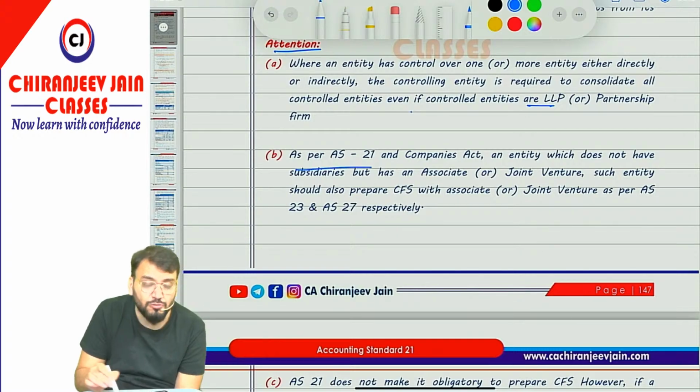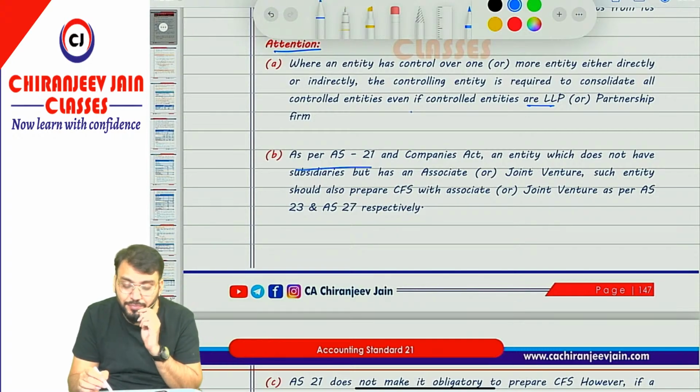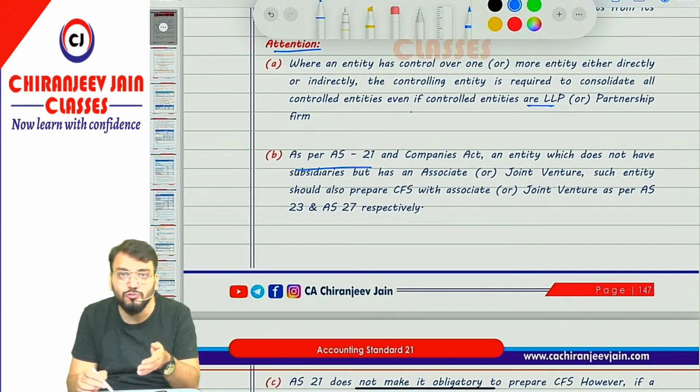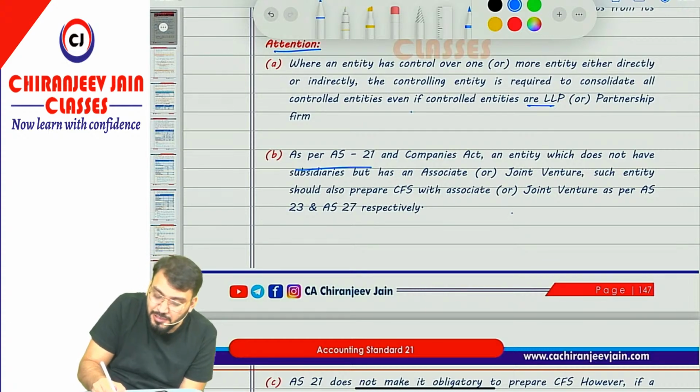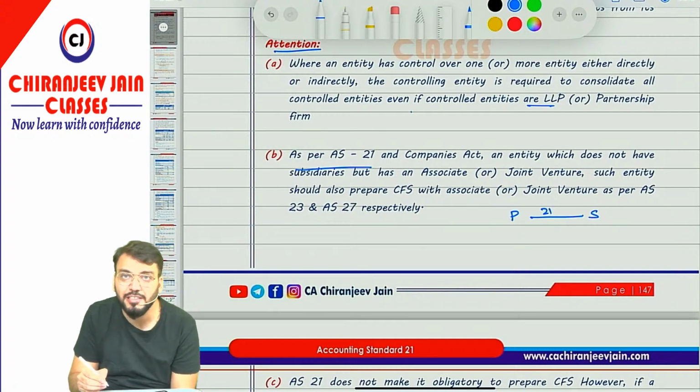Now as per AS 21, one clarification has been given. An entity which does not have a subsidiary but has an associate or joint venture also needs to prepare consolidated financial statements. If the parent company has a subsidiary, it prepares consolidated financial statements as per AS 21.